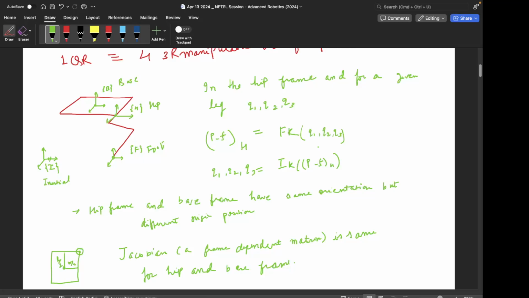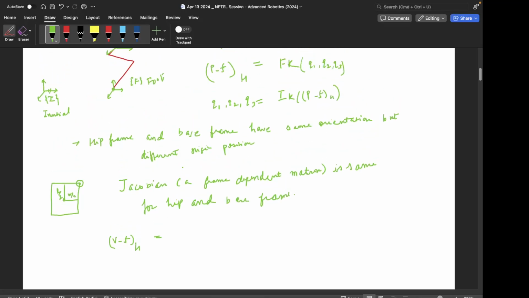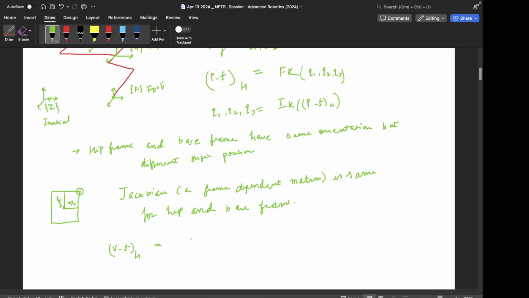So this was the inverse kinematics and forward kinematics, and we also need to work with velocities, right? So for velocities, we know the relation. The velocity of the foot in the hip frame is, first we will need to compute the Jacobian here.